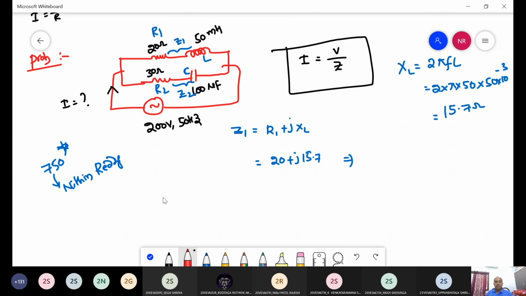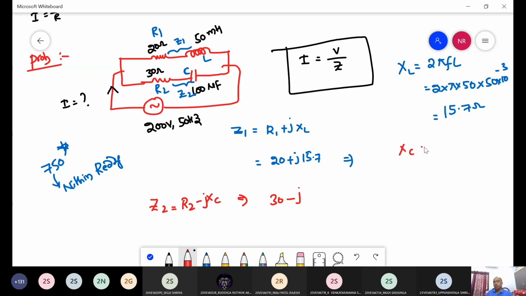Then Z2 is equal to R2 minus jXC. That is 30 minus jXC.